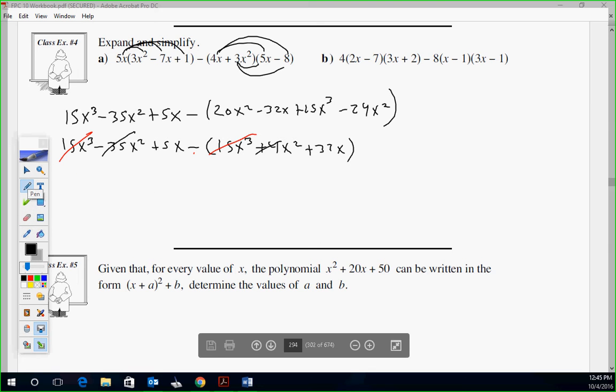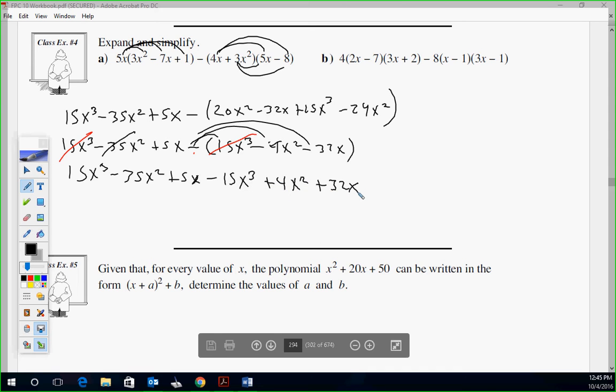So essentially what we've done is these two were minuses, you're right. If I distribute this all the way through, that makes it look like this. So now there's no more brackets.